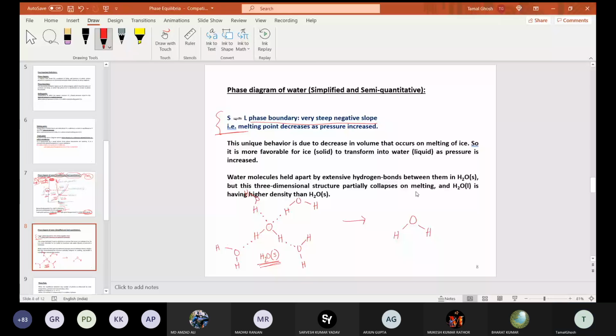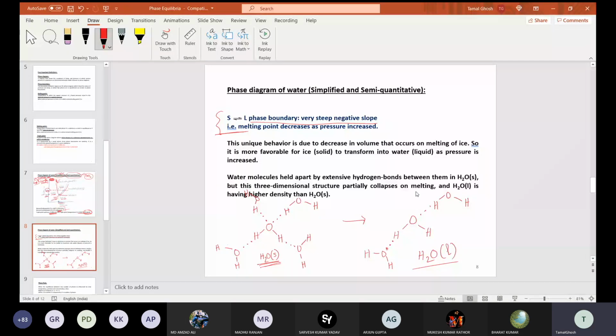So what will happen in that situation? The molecules will be coming closer to each other, and thereby the density of the water liquid will be higher than that of water solid.